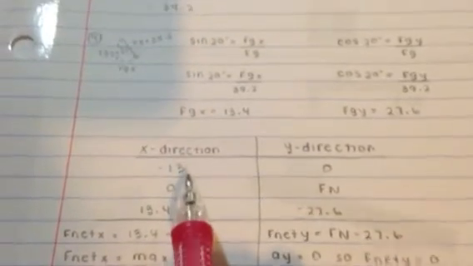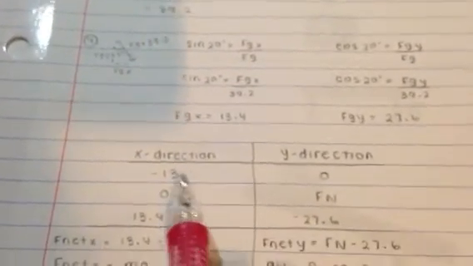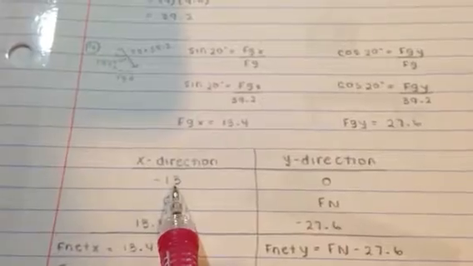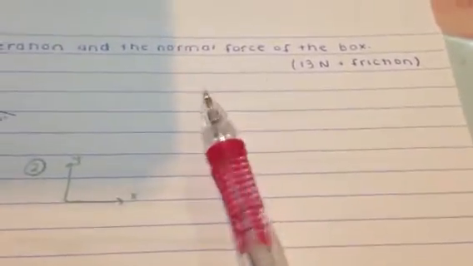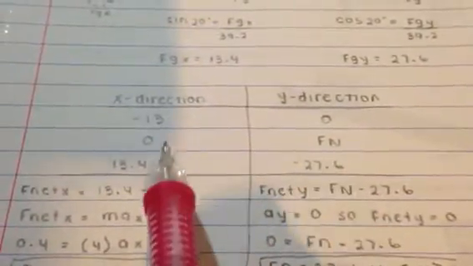So then we do the chart of the x direction and the y direction. The force is 13, since it says here that it has 13 newtons, which is the force, and it has friction acting on it, so it's negative 13. And then the y direction is 0, and then force normal, the y direction is 0 because of the free body diagram.